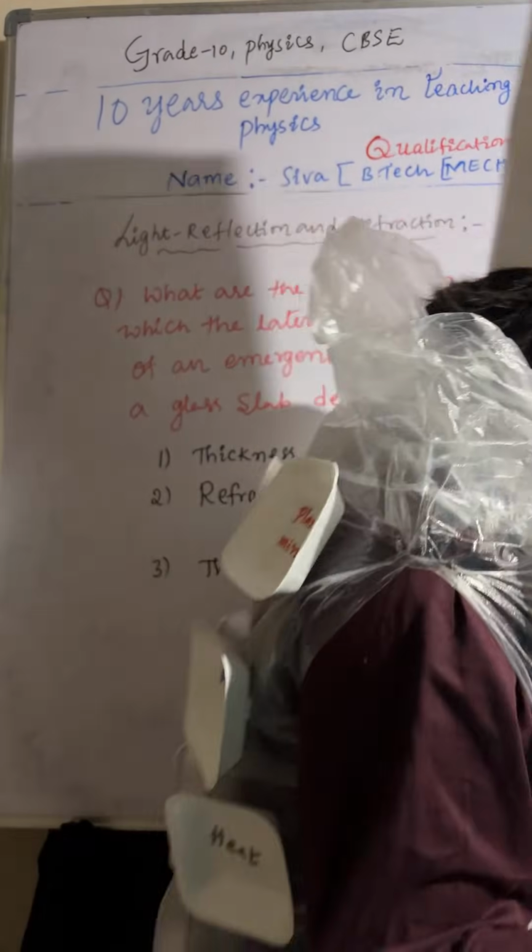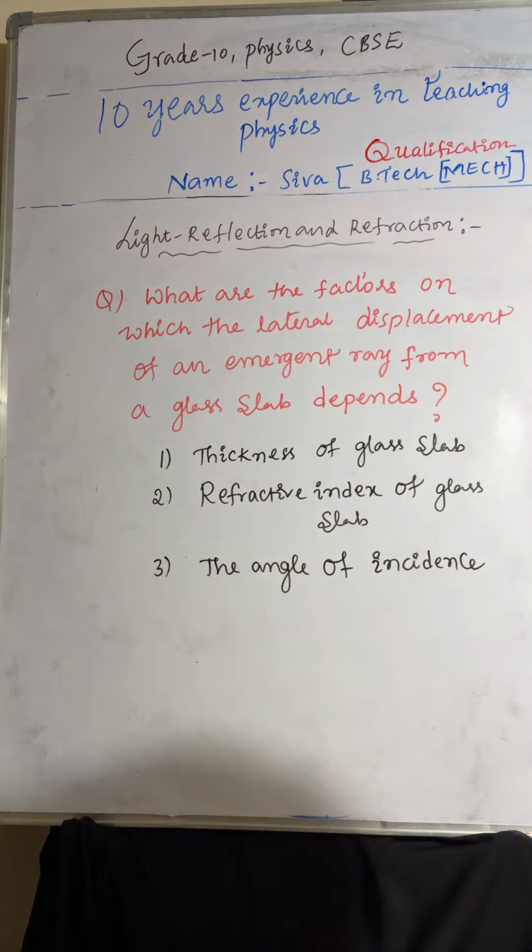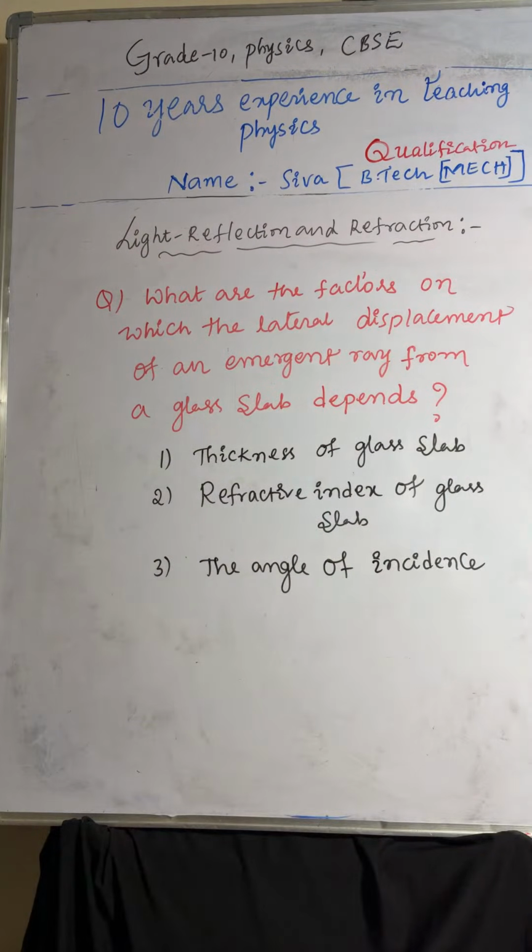So these are the points. Check once. If you have any doubts, let me know. I hope it is very clear. What are the factors on which the lateral displacement of an emergent ray from a glass slab depends? Thickness of glass slab, refractive index of glass slab, and the angle of incidence. Understood or not? Next one.